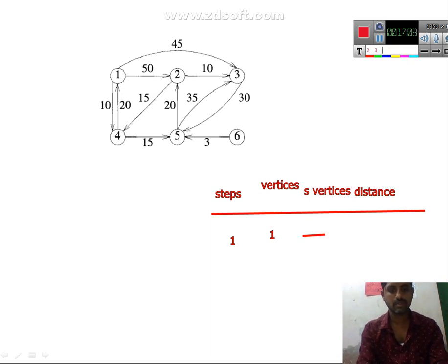So first of all we have to get the path 1 to 4 equal to 10.